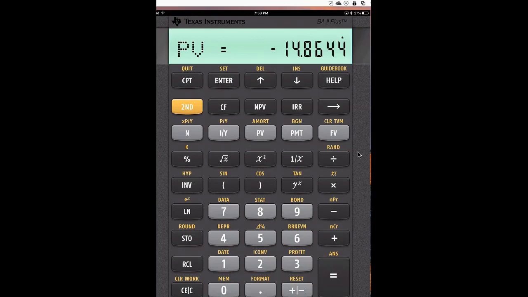At a 15% interest rate, I'd hit 15, I/Y, compute, present value, and I get $6.11. These are the same numbers that we got using Excel.